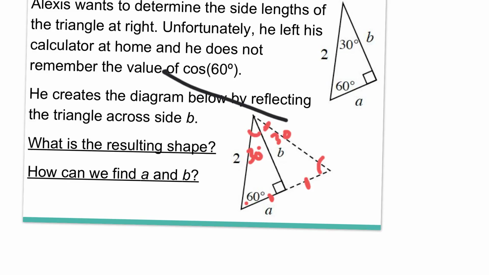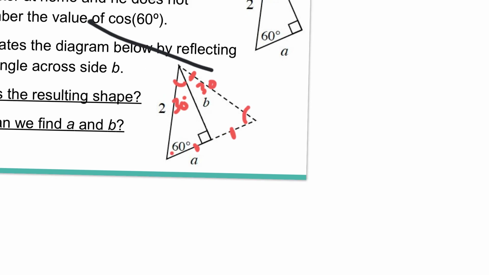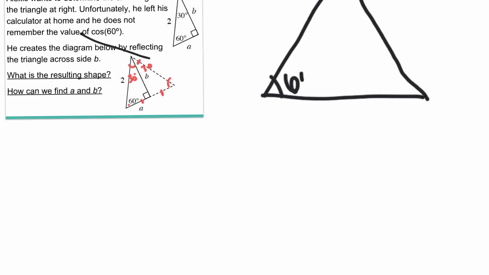Let me delete that. Let me just keep that over here. If I redrew it, I would get something like this. 60, 60, and 60 with a little green dash right here. Kind of helps you answer the first part.